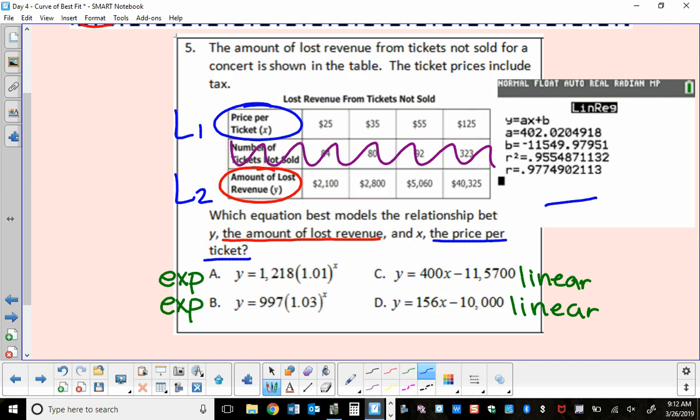Okay, so what we are looking for is this last number. Our last line tells me my R, because I need to compare my R's first. So this R, which is your regression, is 0.977.